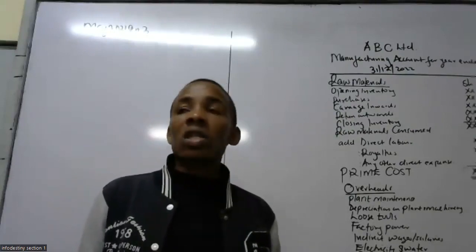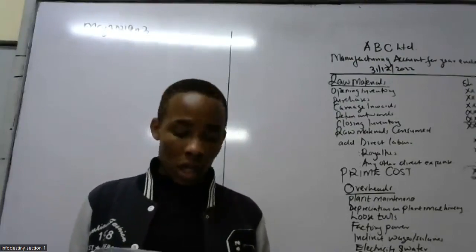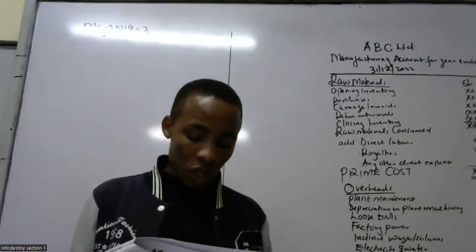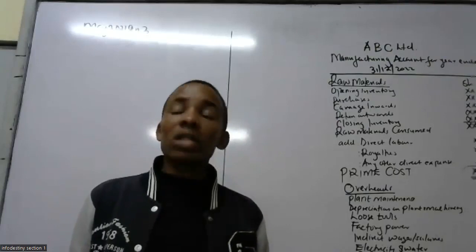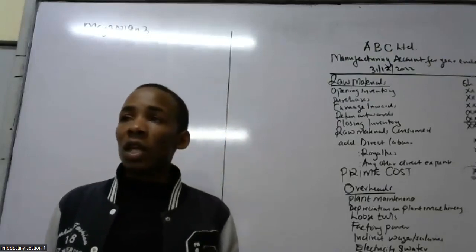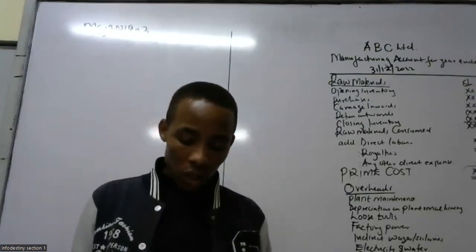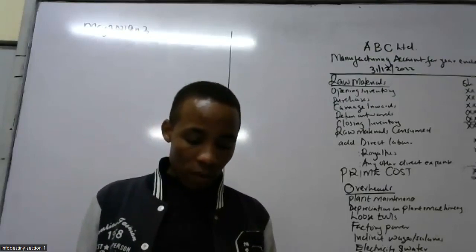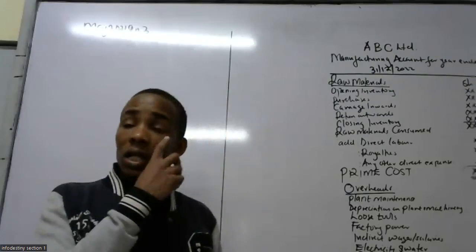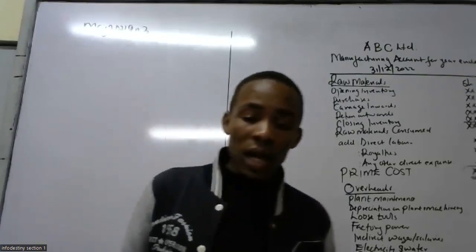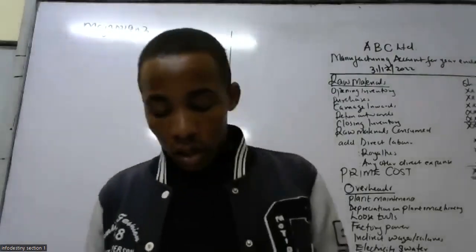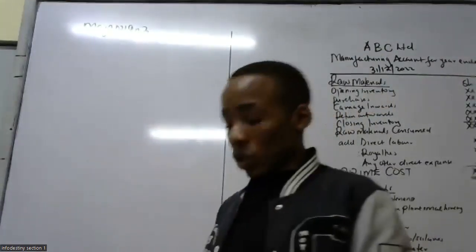Then it is also treated as a current liability in the statement of financial position. Then we have prepaid rent. Prepayments at the end of the year, we subtract from the given amount of the rent expense. Then prepayments are later treated as a current asset in the statement of financial position.